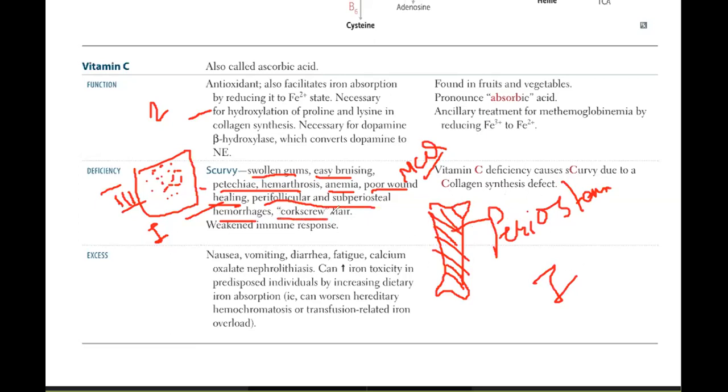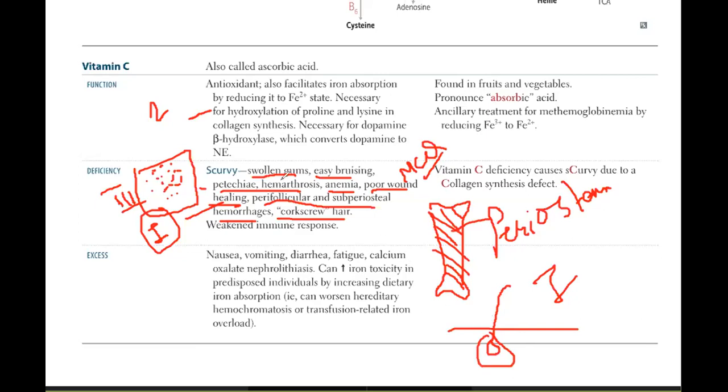Okay, and corkscrew hair, because your type 1 collagen is also present in your skin, and you see this is your skin, and you have this hair bulb present over here, and then sebaceous glands present over here.